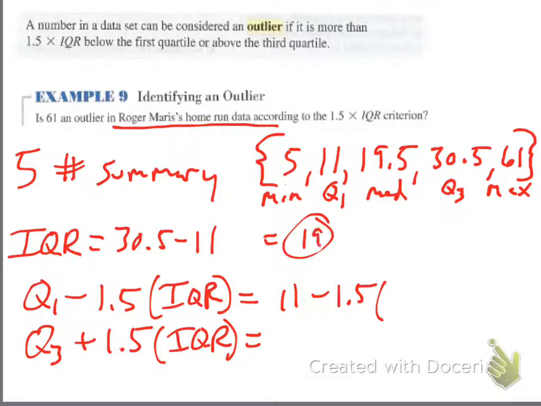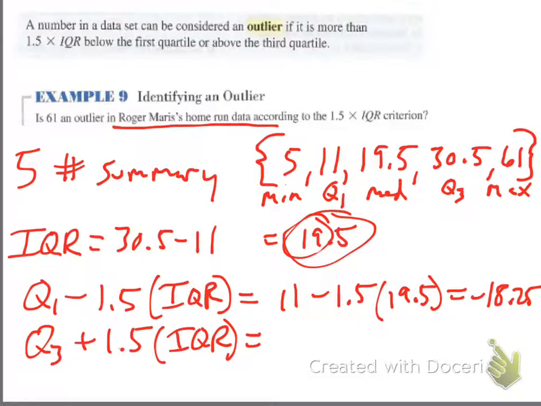30 minus, oh, there we go. 19.5 is the interquartile range. Okay, so I have 11 minus 1.5 times 19.5. No idea how awkward this is. Negative 18.25. So that's the lower bound. Now, Q3 is 30.5 plus 1.5 times 19.5.